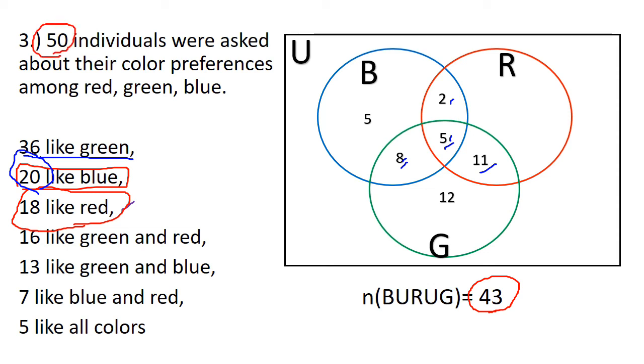Our universal set is 50, and that would tell us there are 7 individuals who did not like any of these 3 colors, blue, red, and green. And that is the complement of the union of blue, red, and green, and that is 7.